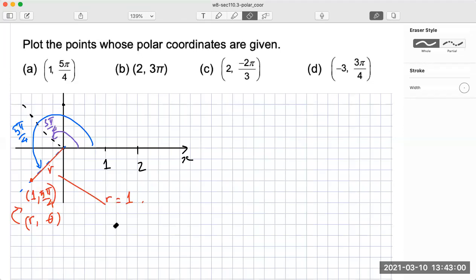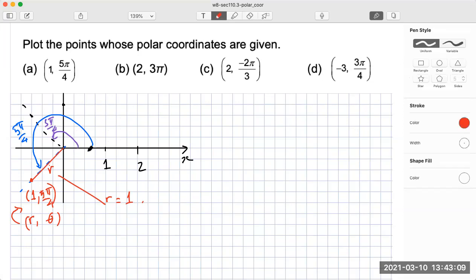Okay, so now, yes. Where do you start, like, measuring from? Very good question. We will always start here. The angle theta is equal to 0 on this line. And it is measured in radians. Okay.